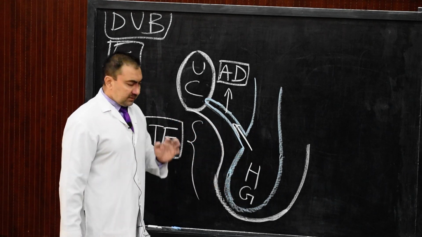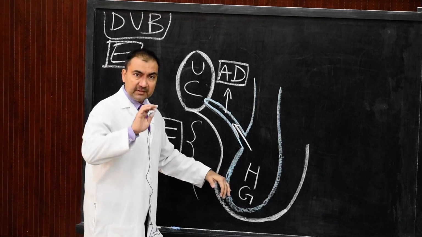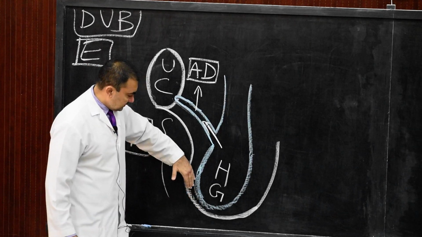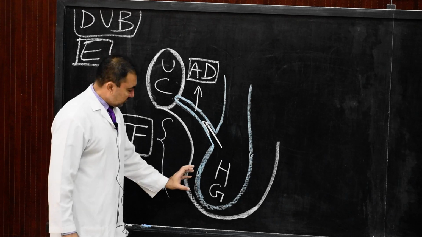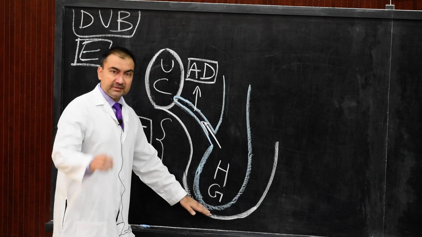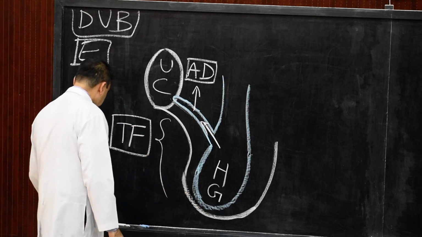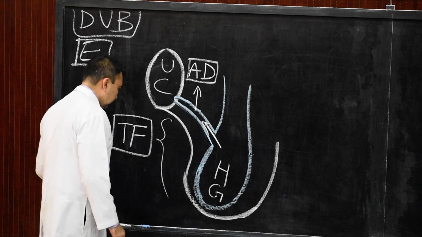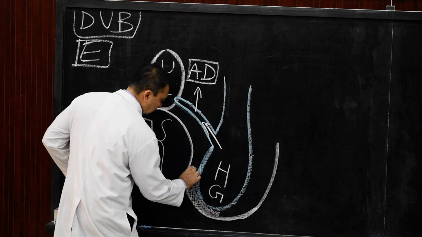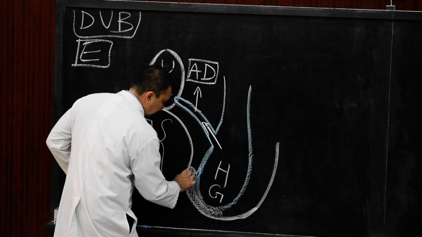Now at the same time, this hindgut will have the presence of cloacal membrane in its caudal part as well as ventral part. So in the lower ventral part, where my finger is, and in the caudal part, there is presence of cloacal membrane, which I will draw with red color.